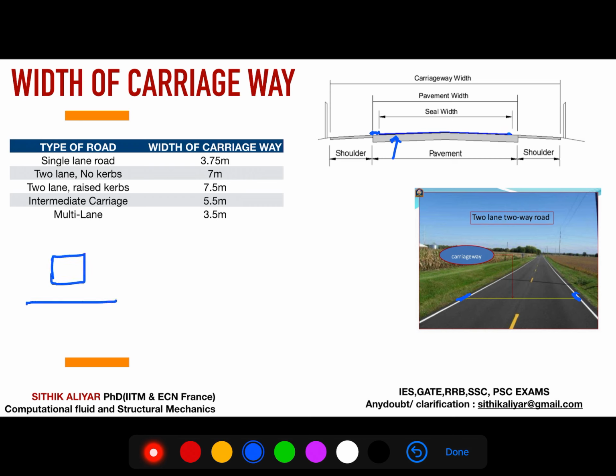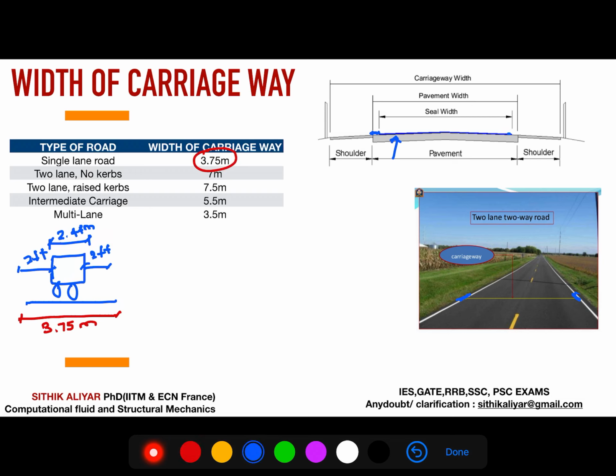Remember the standard vehicle dimension approved by IRC is 2.44 meter, and this side 2 feet clearance, and this side 2 feet clearance. If you add everything, 2 feet means approximately 0.6 meter, you will get 3.75 meter. That's how you got 3.75 meter for a single lane road.